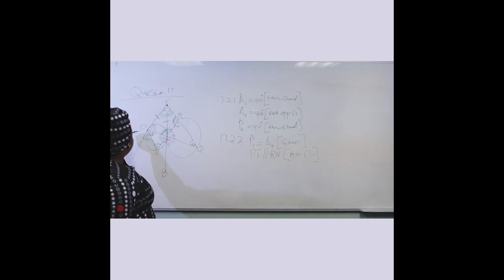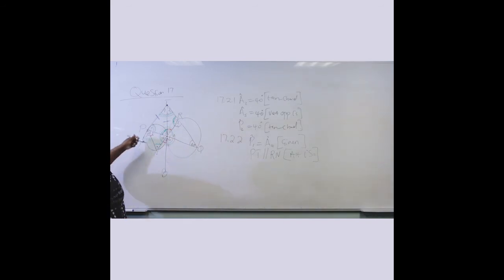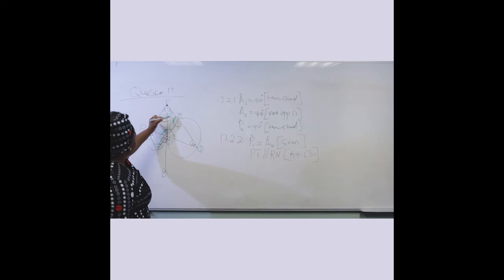So let's check. Looking at shape PTRN, we have realized that T is equals to R2 because PT is parallel to RN from the given statement.